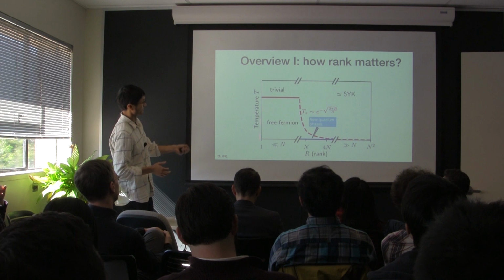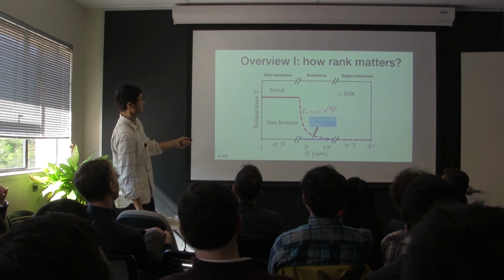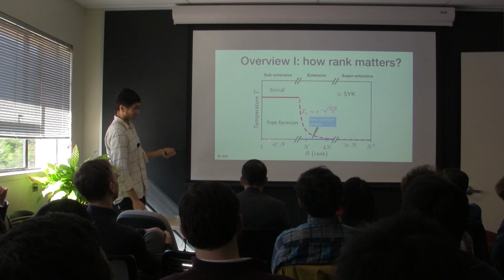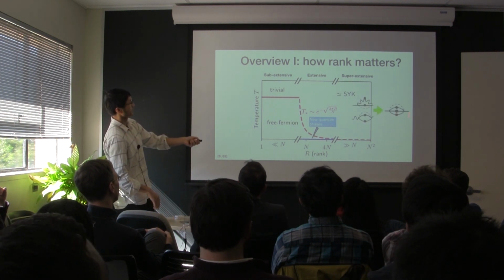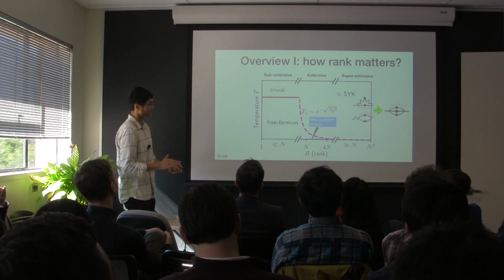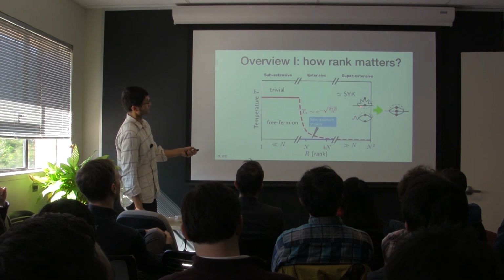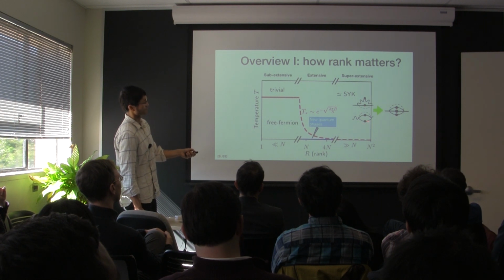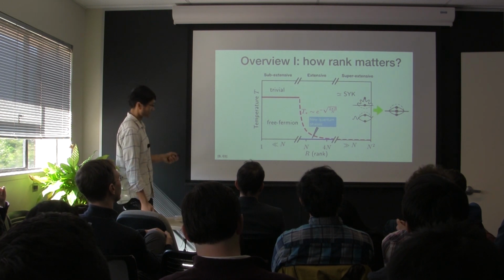If you have a super-extensive rank, much larger than N, then you get back exactly SYK. You can understand this from the diagram. What happens is that this bosonic line becomes equivalent to these two fermion lines, and you get the melon diagram of the usual SYK.